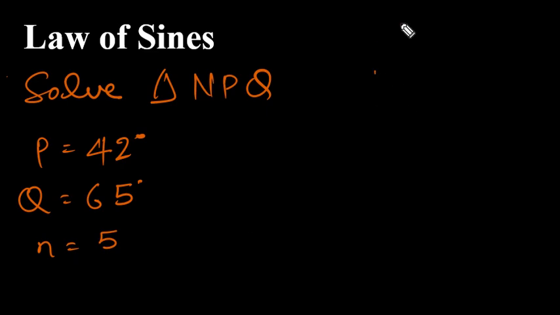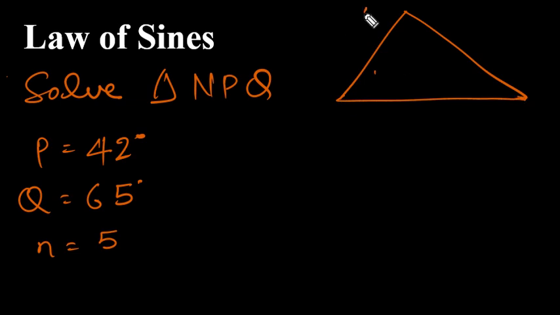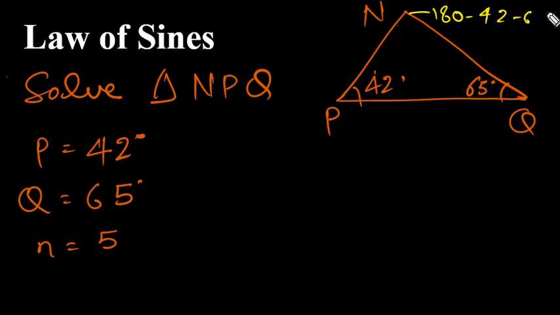Let's try to draw the rough triangle for NPQ. Let's say this is your capital N, P, Q. It's a rough drawing, so don't mind if I write anything anywhere like angles and you say this is the big angle or a small angle. P is 42, Q is 65, N is, now N will be how much? So N will be 180 minus 42 minus 65.